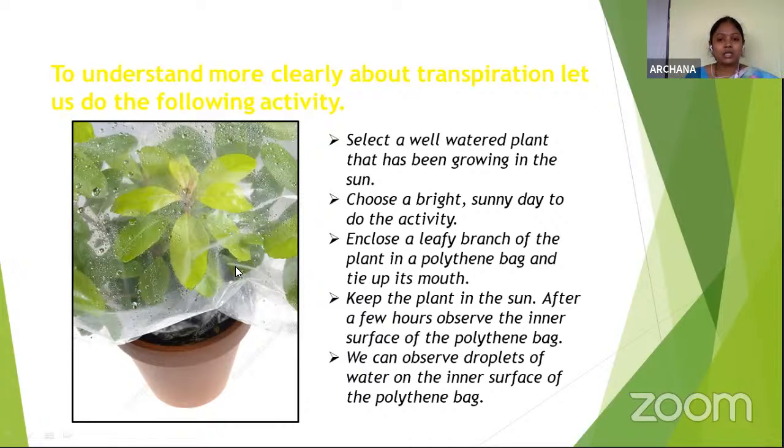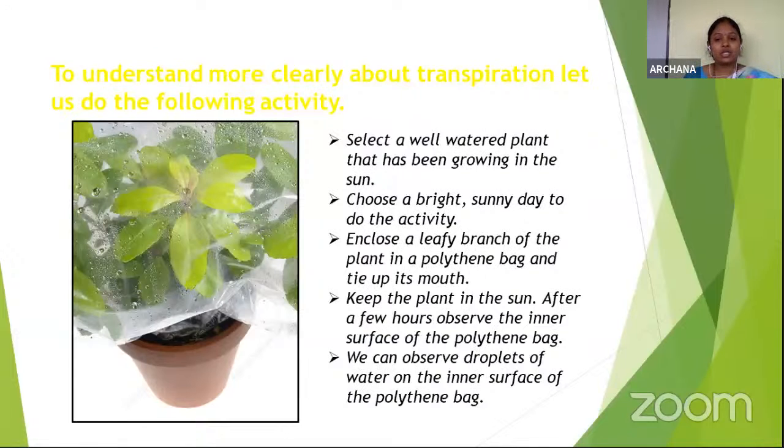This experiment has to be done on a bright sunny day to get a good result. Now, we have to enclose a leafy branch of the plant. If the plant is small, you can entirely cover the plant in a polythene bag and tie up its mouth. Keep the plant in the sun.